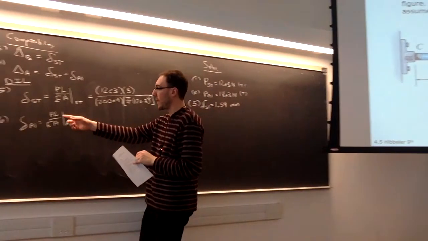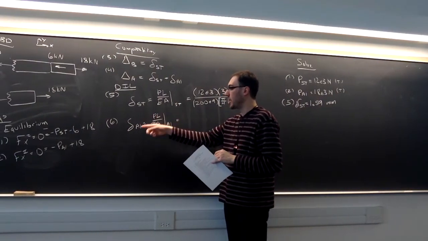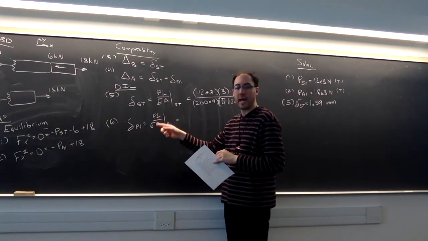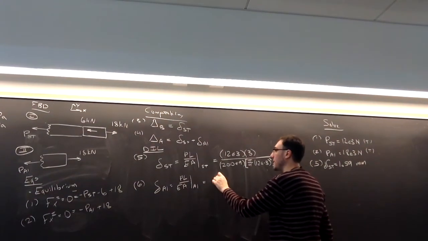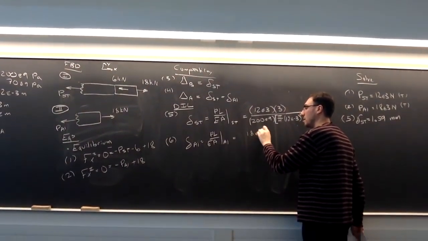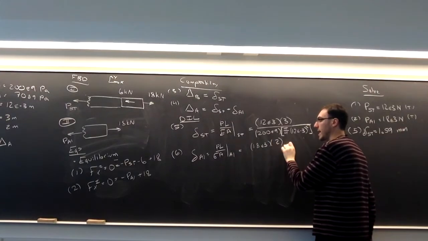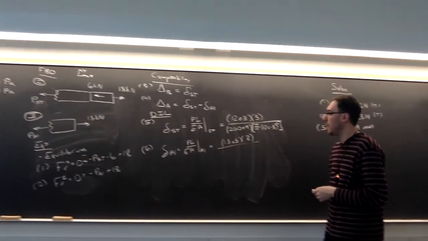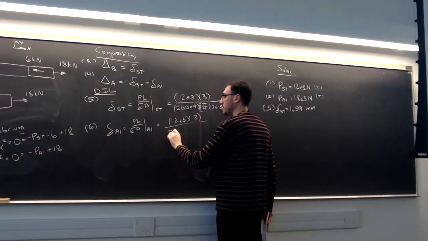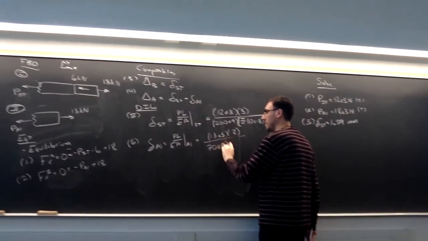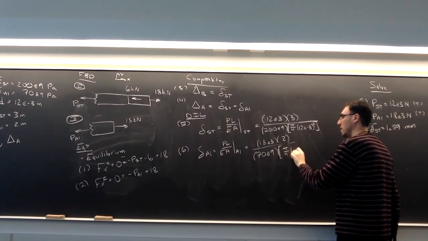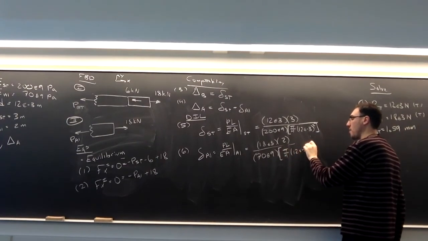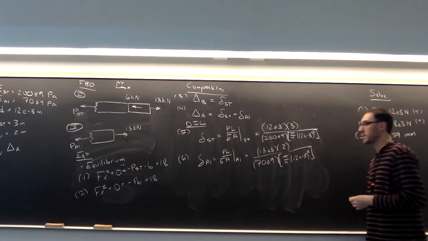So it's the same equation, but now we have to use the aluminum section's P, L, E, and A. We already determined that its internal load was 18,000 newtons. It has a length of 2 meters. Its Young's modulus is only 70 gigapascals. And it has the same cross-sectional area that the steel did.